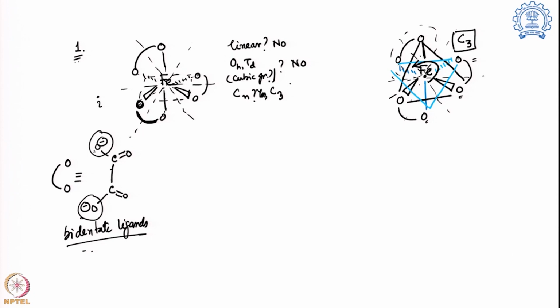in this particular molecule. Now, the next question: do I have n number of C2 perpendicular to Cn? That means, do I have three C2s perpendicular to the C3 or not. If I can find one, the others will be there. So, for that again I am drawing this particular molecule, just the oxygens, and then doing the connection.